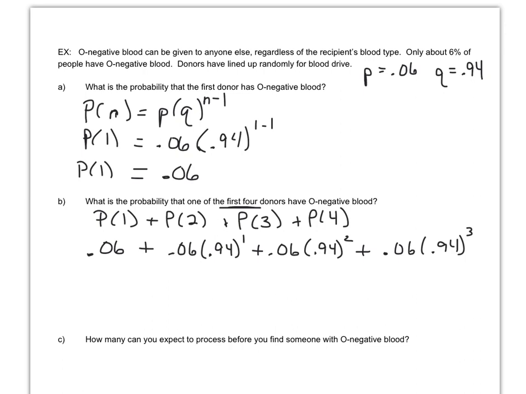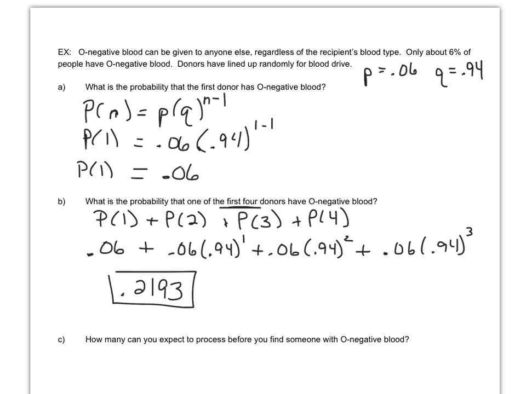If I add all those up, I get 0.2193. So still not very likely because you have a lot of failures. It's not very likely to have O negative blood, so it's more likely to not have it.